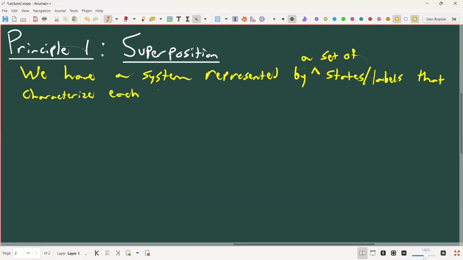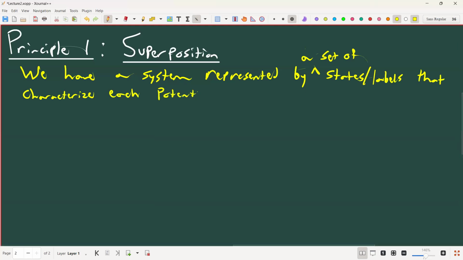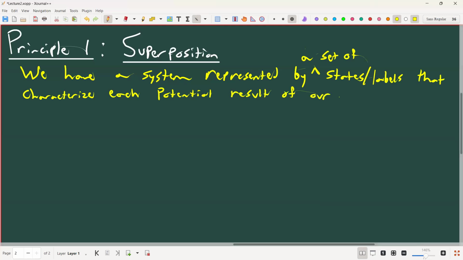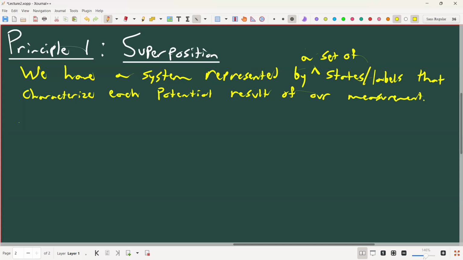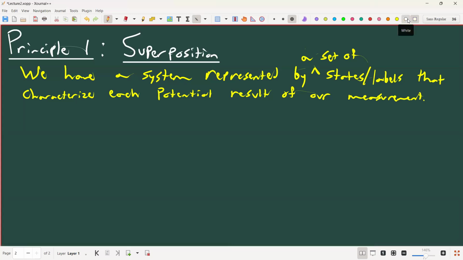Each potential result of our measurement. We have a white and a black, for instance. We'll call those results. So the potential results, well, these are some kind of notation.